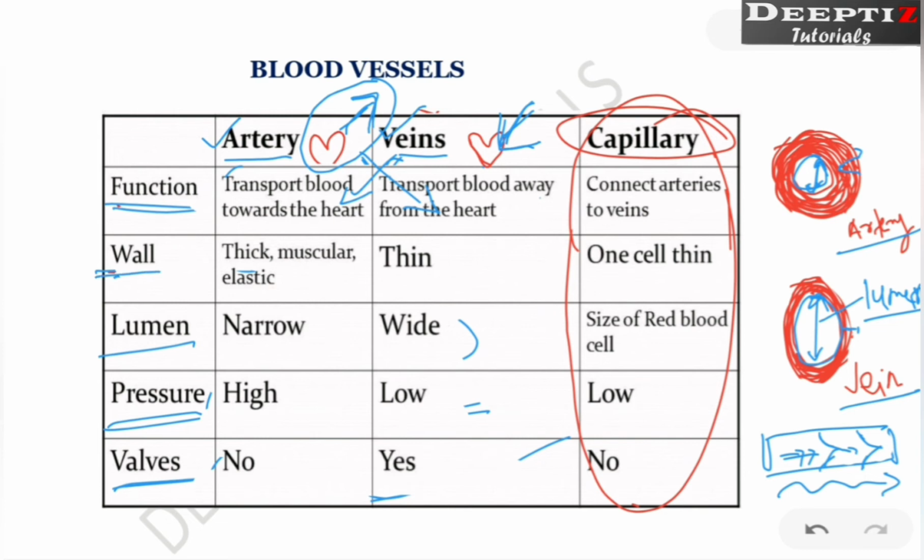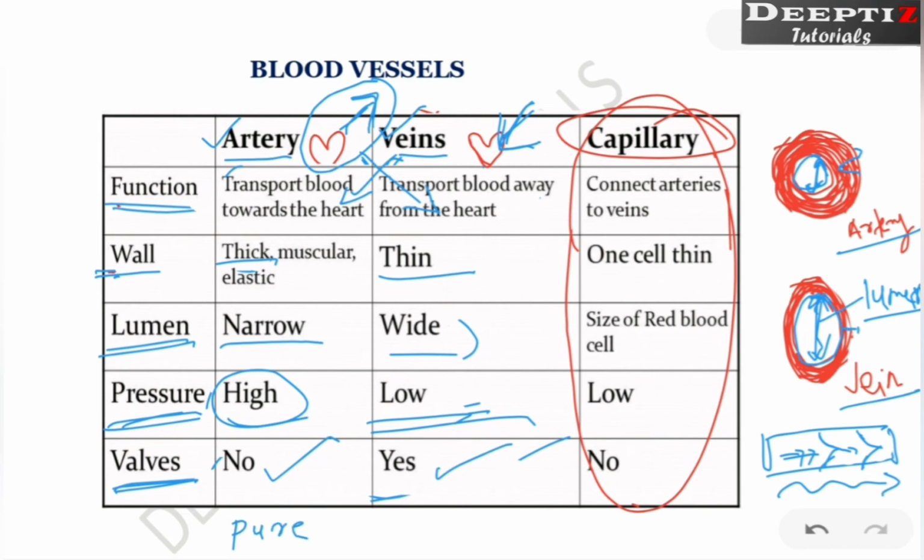What about the wall? Wall is thick in artery and thin in the case of vein. What about the space inside? Narrow in the case of artery, wider in the case of vein. Pressure: due to less space inside, high pressure will be there in artery, low pressure will be there in vein. What about valve? Valve is absent in the case of artery, which is present in the case of vein. If we are not talking about exceptions, one more thing we can say: artery carries pure blood except one type that we will discuss later.